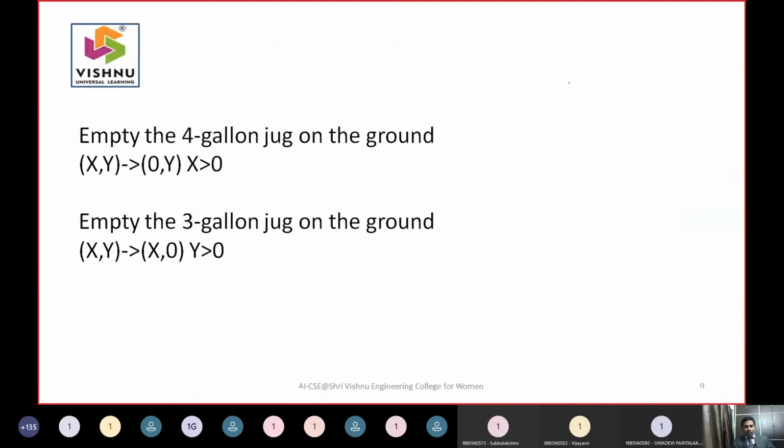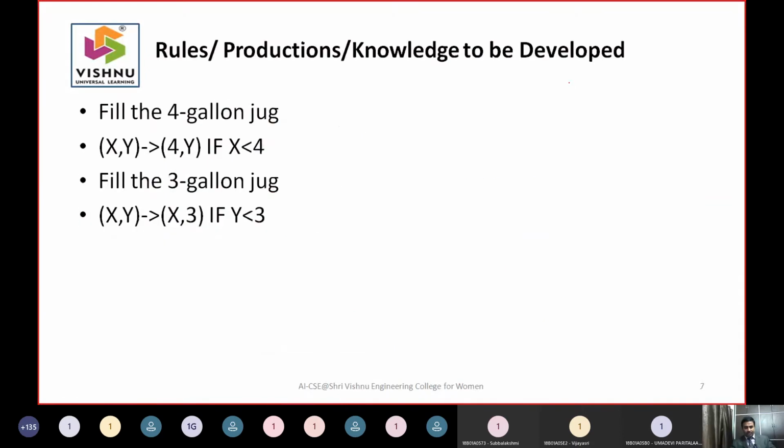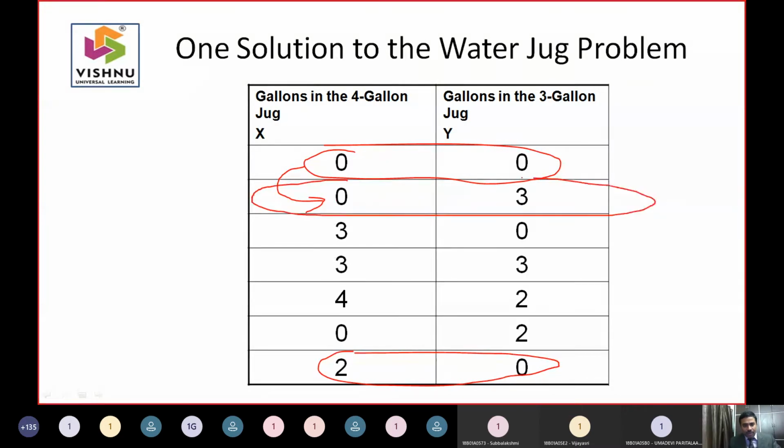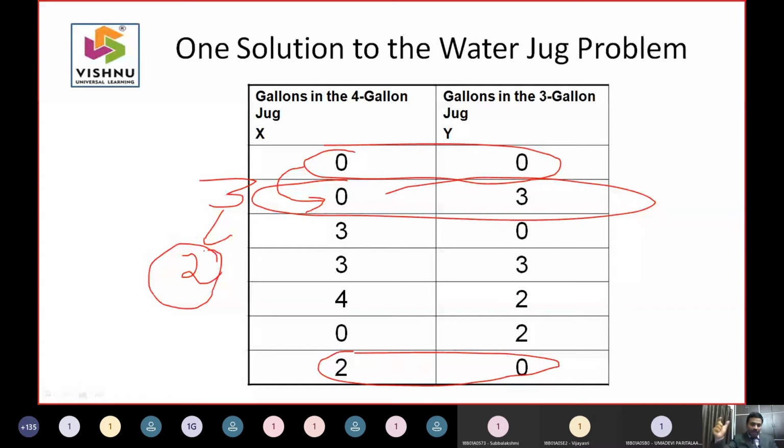When you are moving from one state to other state, you need to find out what rule, what production, can be applied so that the next state can fetch me the final state. Assume that in this state you can apply 3 rules. In these 3 rules, 2 rules can fetch you the goal state. Then you need to find out in these 2 rules, which rule, if applied, can get the goal faster. So all these are very important.